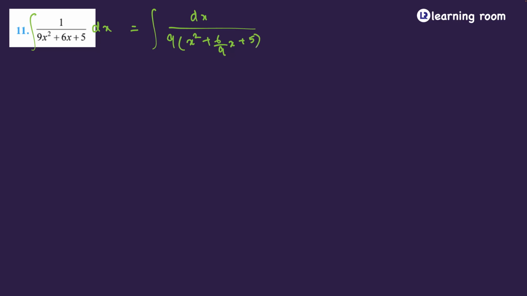Right. So this will be equal to 1 by 9 into integral of dx divided by, it is going to be x plus 6 by 9, so make it half of it. So 6 by 9, half of it is going to be 3 by 9 or 1 by 3.